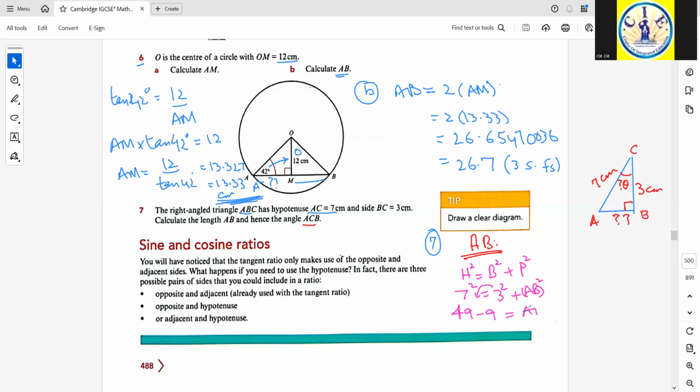So AB squared is going to be 40. And when I calculate its square root, the square root of 40 gives us 6.3245, which is 6.32, giving the answer to three significant figures.